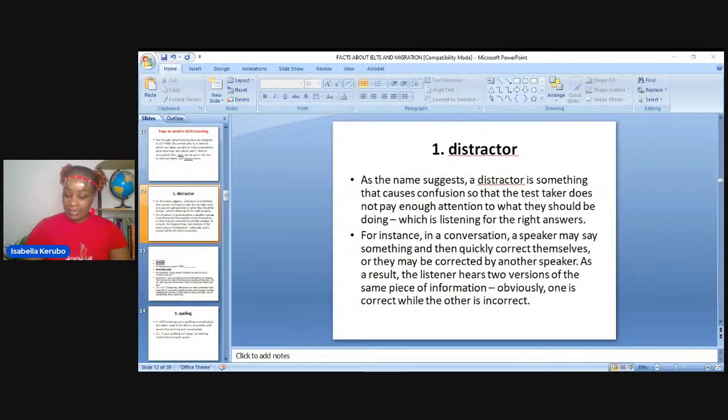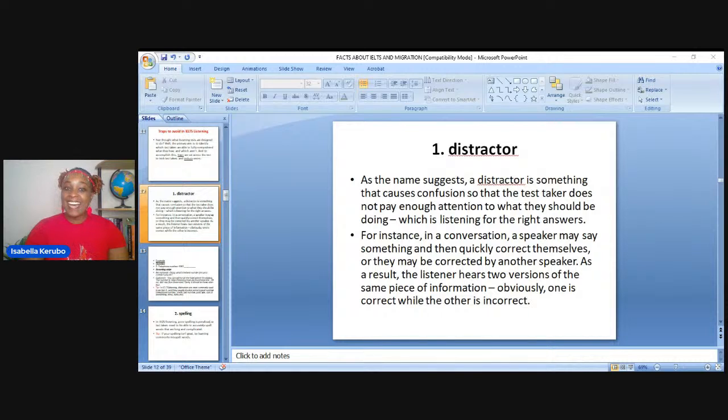For example, if you are answering a multiple choice question, whether something somebody spoke and then corrected themselves, you will see all those things in the choices.